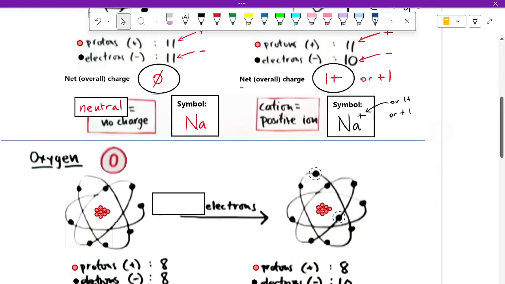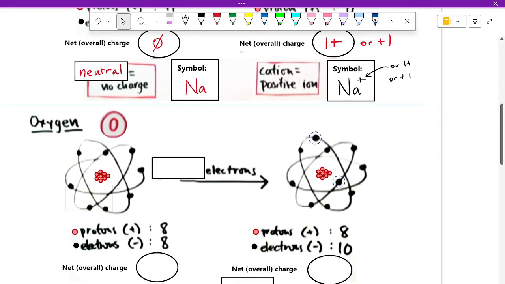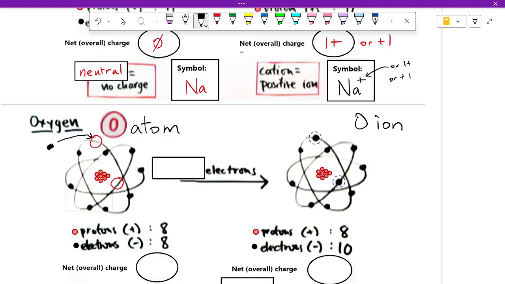So here we have now oxygen, and on the left-hand side, we have an oxygen atom, and it becomes an oxygen ion. And in order to do that, you'll notice that we've got a little blank space up here, and a little blank space down here, and all of a sudden, in comes an electron. Here it comes, it's going to go in there, and another electron is going to come in and go in there.